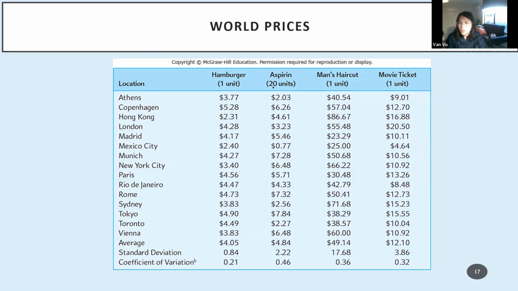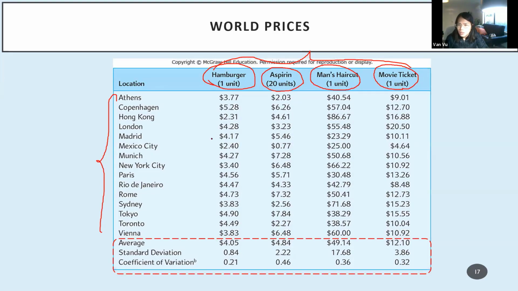For example, we are looking at the prices of 4 different products across different cities in the world. The first product is a hamburger, the second is aspirin, thirdly a men's haircut, and finally movie tickets. Across this table, we can compute the average, the standard deviation, as well as the coefficient of variation for each of the products.